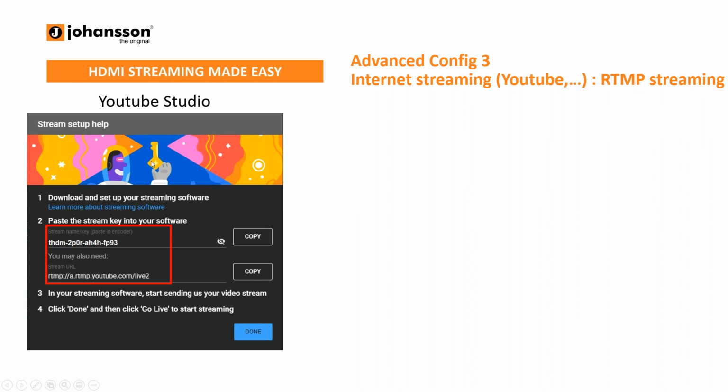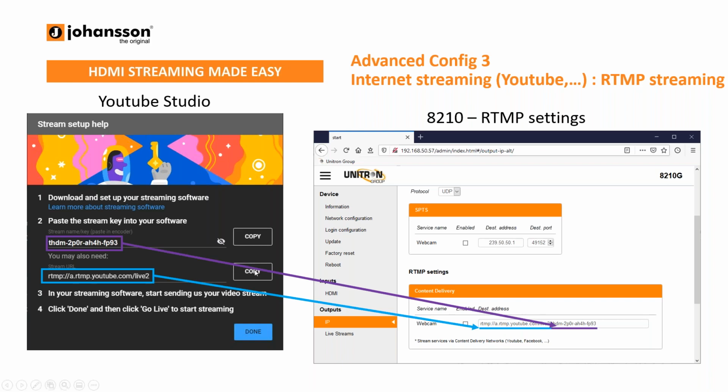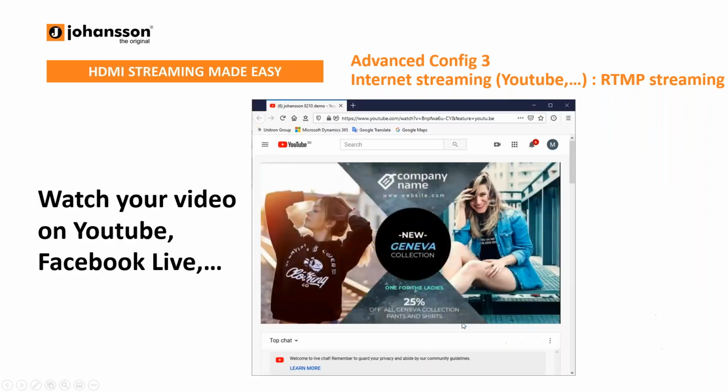This information you have to enter in the RTMP settings of the HDMI streamer. You start with the URL, and then afterwards you put the key, so it's a combination of these two. You enable it, press apply, and you're good to go.